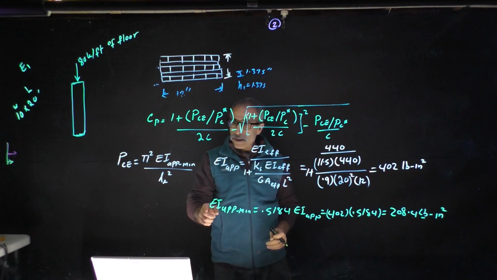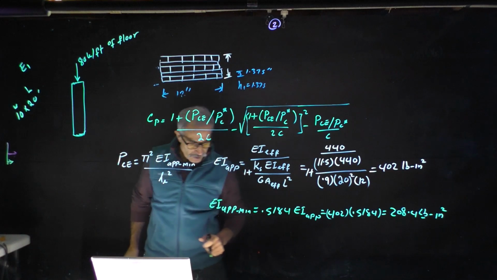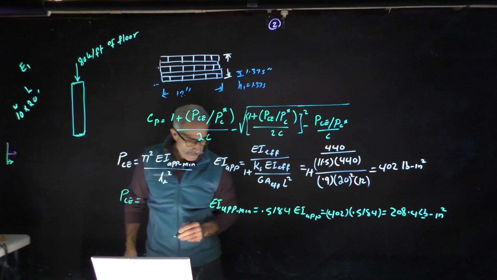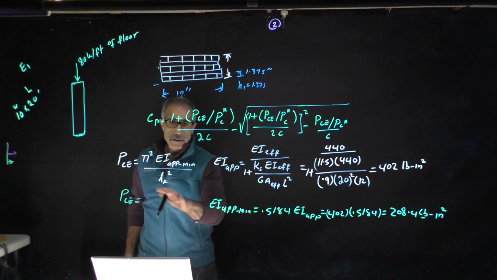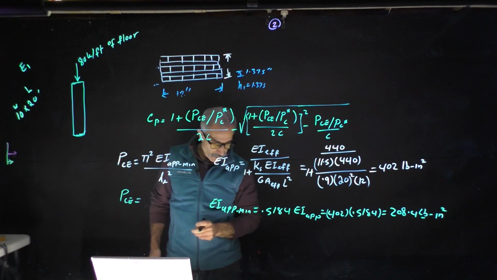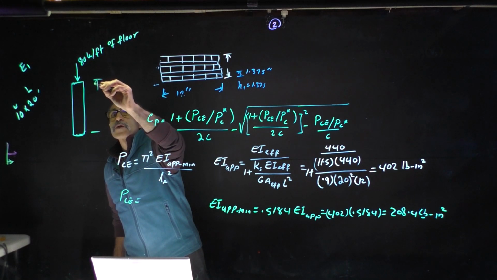Now if I come back in and calculate this, my P critical is going to come out to, plug all these numbers right here, pi squared, I've got EI, and L. My L was 10 by 12, which is to make this wall 10 foot tall.